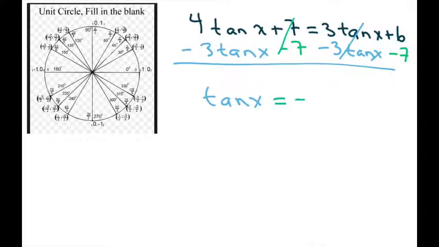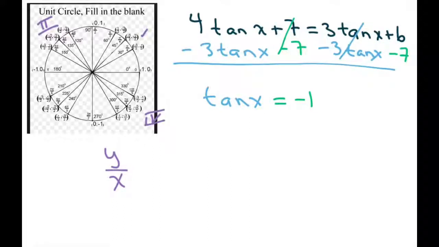So that's going to be negative 1. Now, we know that tan is y over x. So we want to know when you divide y over x, and we're looking at these coordinates here, where do you get negative 1? We also know that tan is negative in quadrants 2 and 4.